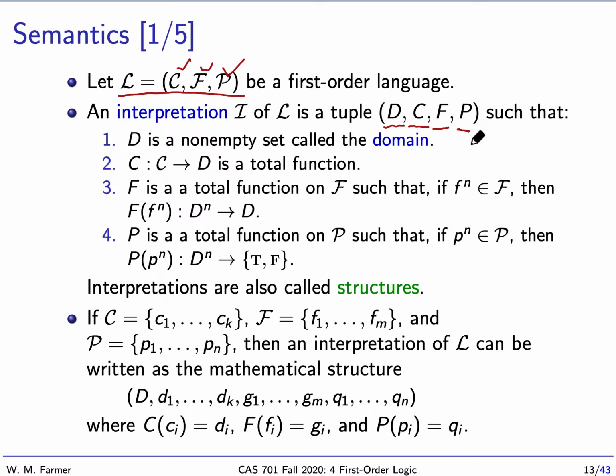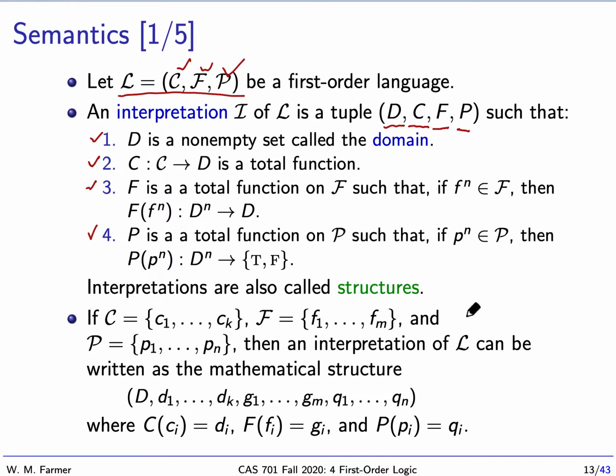And these will be the interpretations of our predicate symbols. So we have the domain, we have a function C that maps every constant symbol to a member of the domain, a function F that maps every function symbol to a function over the domain, and a function P that maps every predicate symbol to a predicate over the domain.